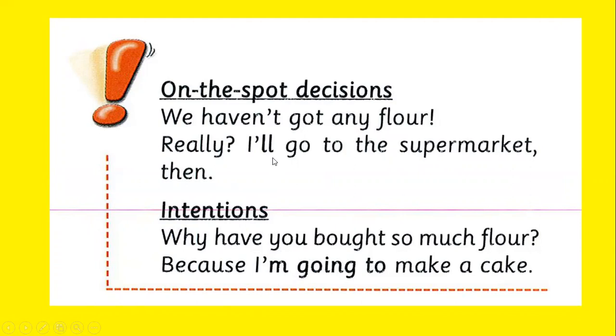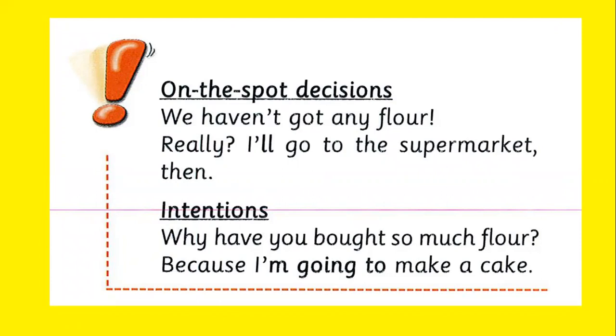Here, the difference between sentence number 1 and sentence number 2 is that in sentence number 1, we don't have any intention or preparation. We haven't got any flour. I'll go to the supermarket. So this is a quick decision. But in the second one, someone asks a question, why have you bought so much flour?